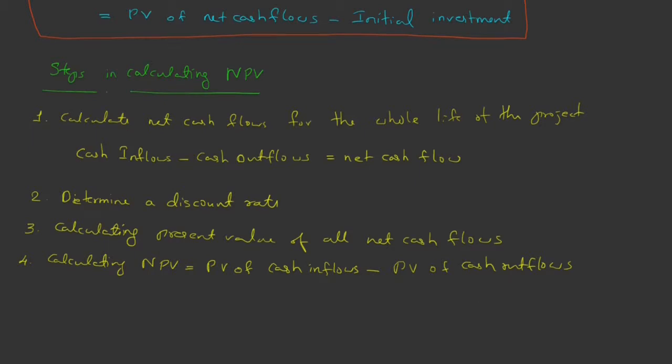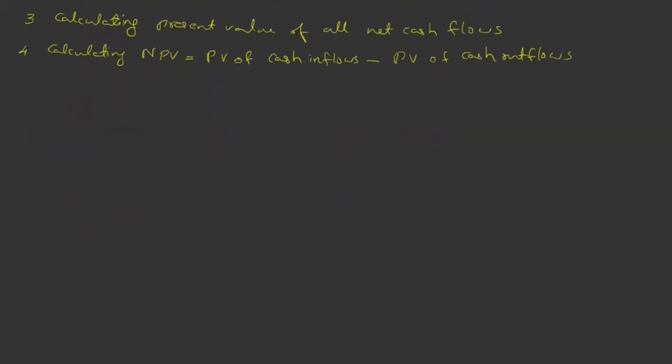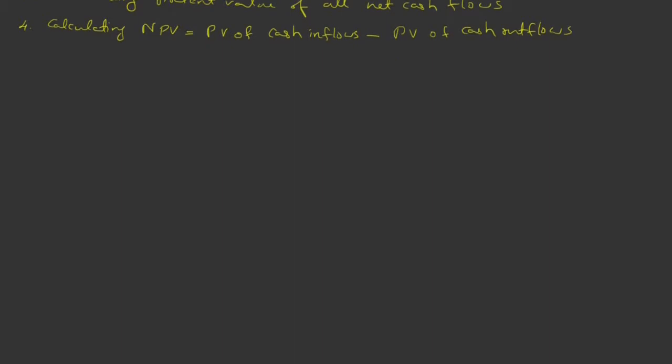Now our aim is to decide whether to accept or reject a project. For that, we are going to study decision rules. So now we are going to study when the project is accepted and when the project is rejected.